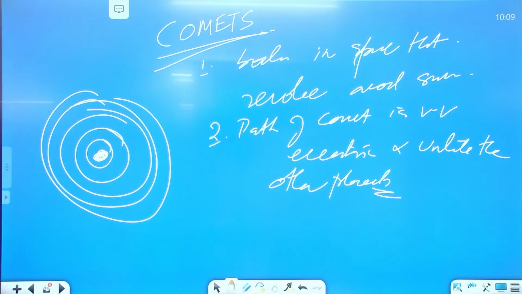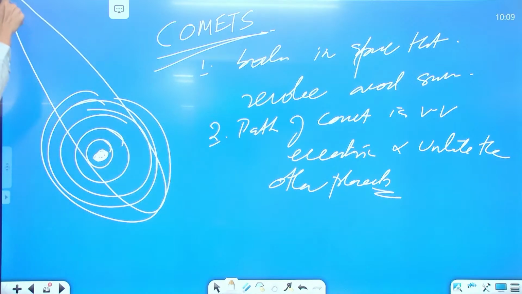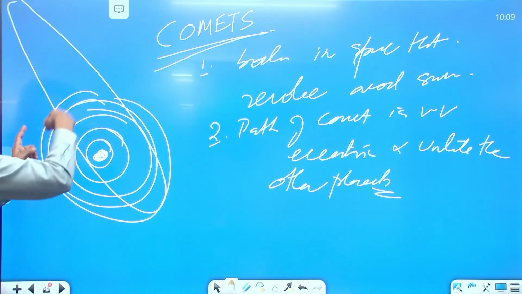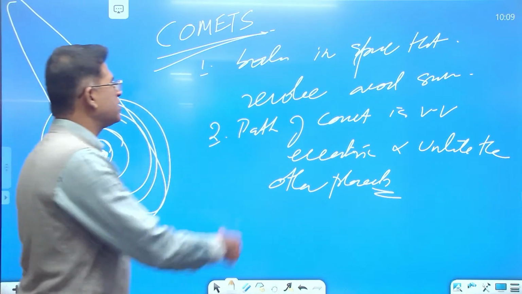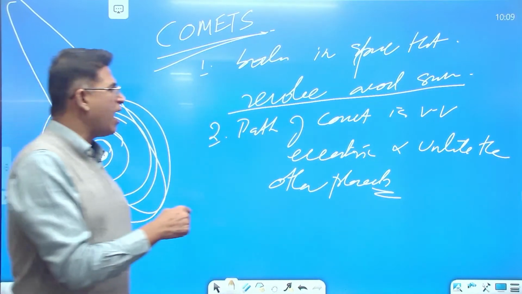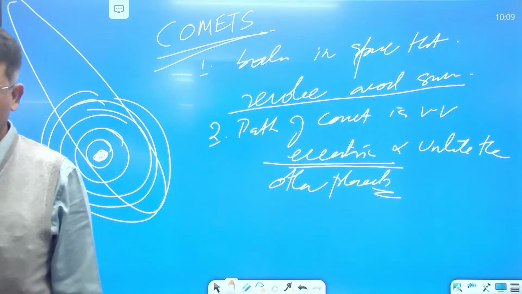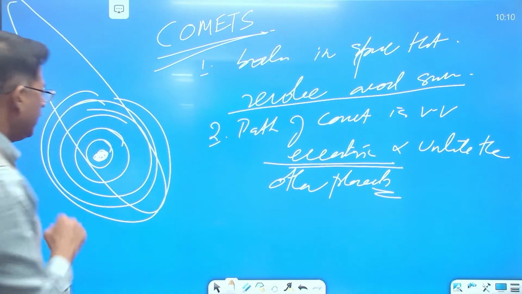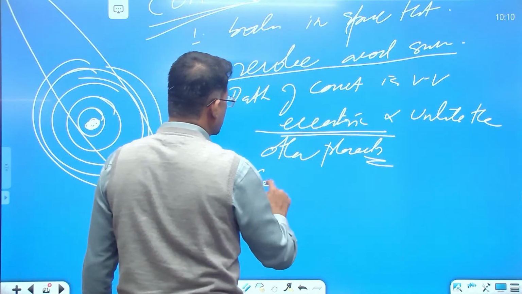Whereas the comet's path will be something like this. It is not like the regular path we have around the sun. These are very different types of bodies. So they also revolve around the sun, but the paths are very, very eccentric, unlike those of the other planets.